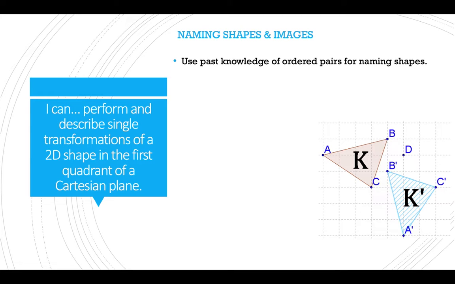I'm not going to be reteaching the naming of ordered pairs because we've already done that. Remember that the airplane has to go across before it takes off. If I was naming this one right here, assuming this is 0, 1, 2, 3, 4, 5, the first one would be 5, comma, and has it taken off at all?